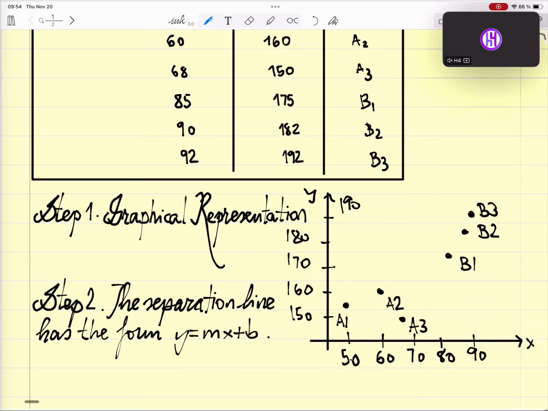So whatever line we have here separating, it has the form mx plus b. This is something that we need to know.